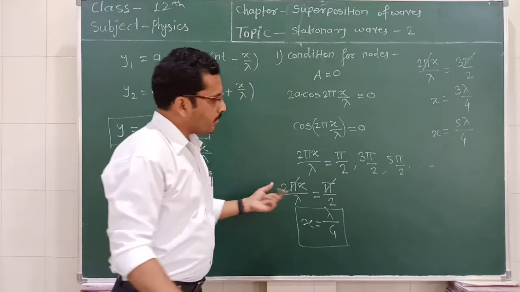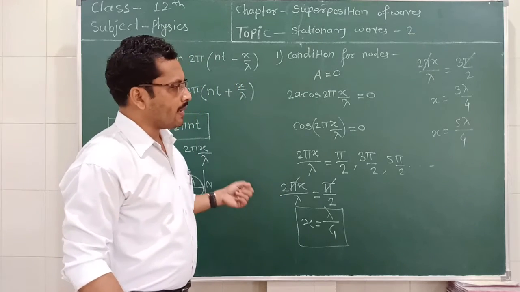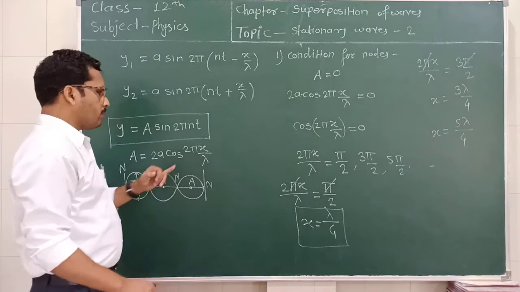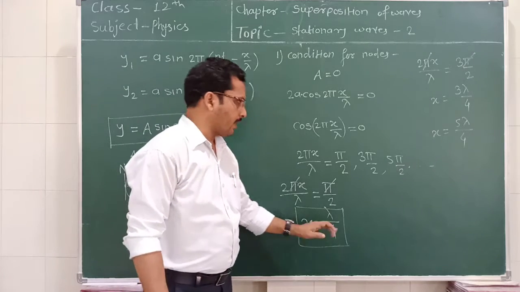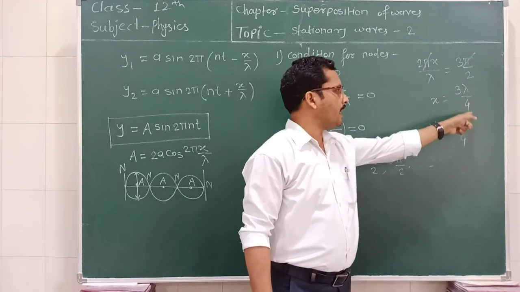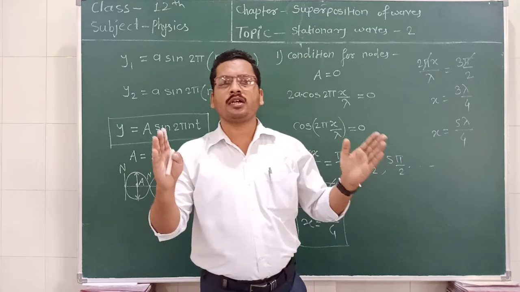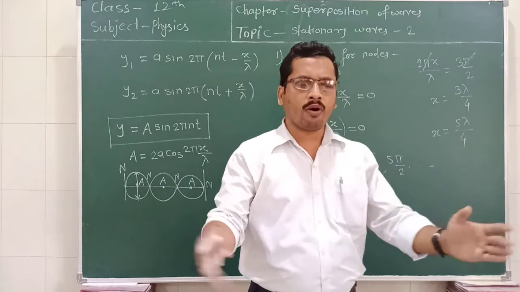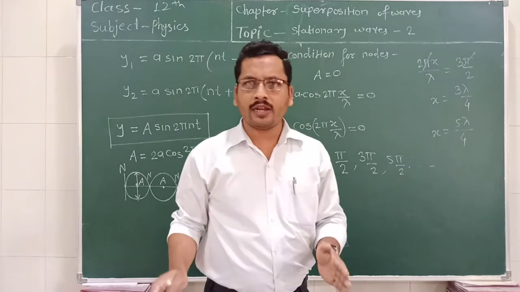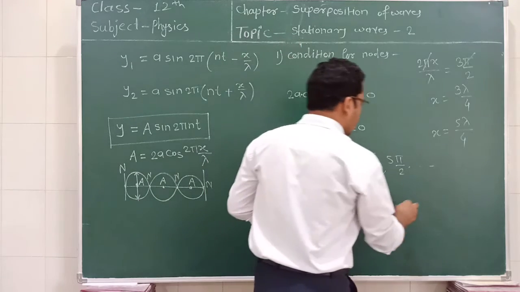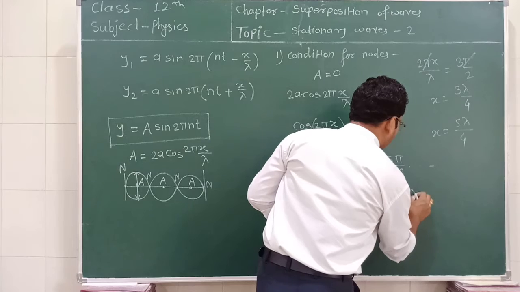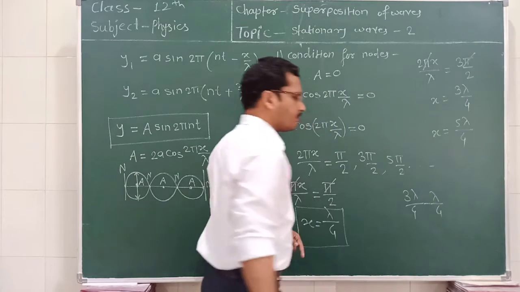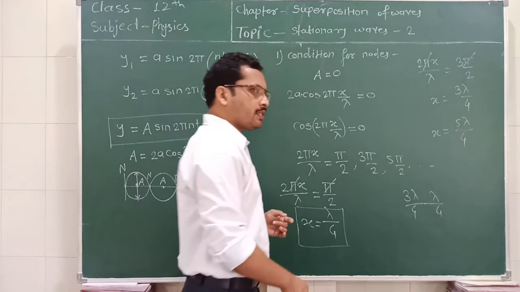If we need to find the distance between two nodes, the first node is formed at λ/4 and the next at 3λ/4. What is the distance between the two nodes? We calculate it like this: 3λ/4 minus λ/4 is the distance between two successive nodes.